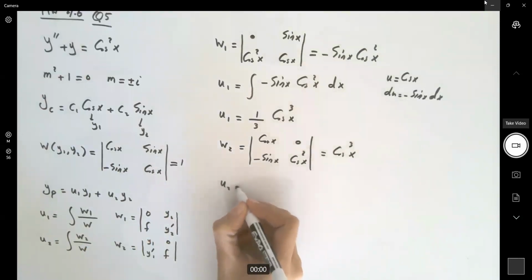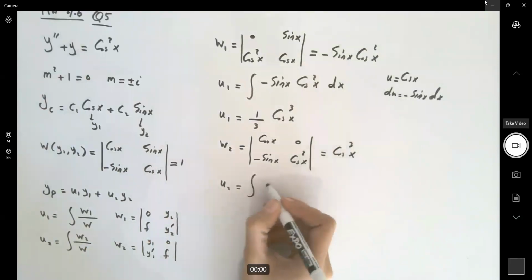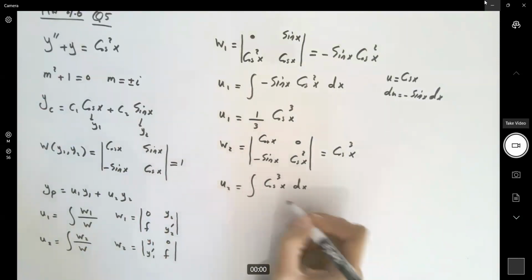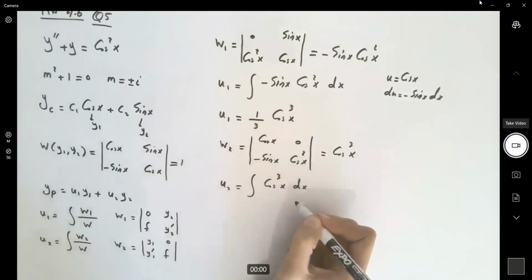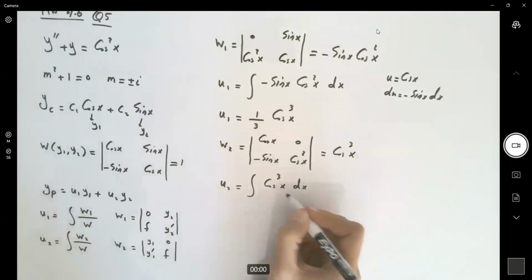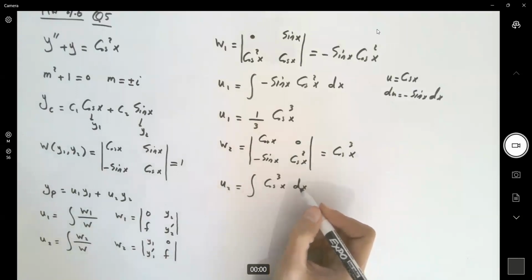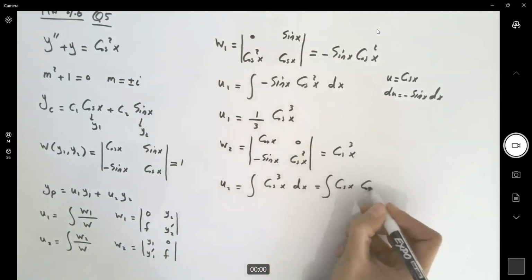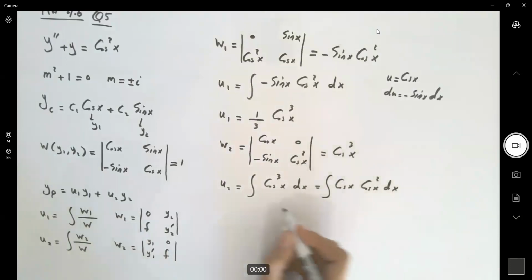So u2 becomes the integral of cosine cubed of x divided by 1 dx. We need to find the cosine to the third integral. We can divide this up and write it as cosine times cosine squared, cosine x times cosine squared of x dx.